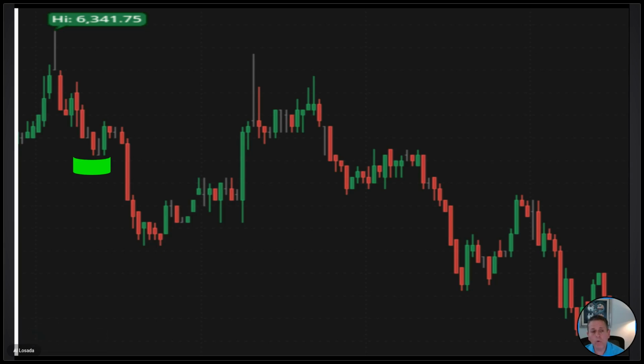So what you need to do when you're trading this type of pattern is that you're wanting it to go up, not down. The market moved up, but then it moved down, and so it's not a good trade, and you're going to get stopped out of this position. Okay, and that's what happens.